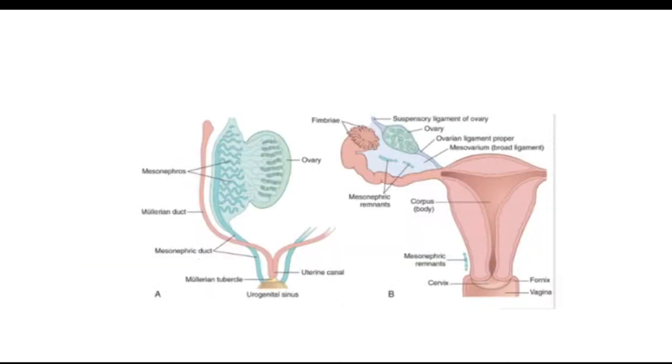If we look at the female fetus, we see the ovary, and very close to the ovary, between the ovary and the oviduct, the fallopian tube, you see the mesonephric remnants, which represent remnants of the Wolffian bodies.